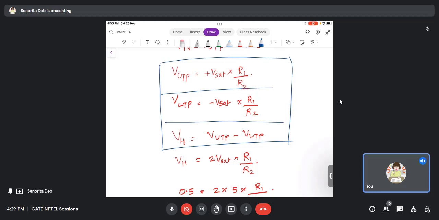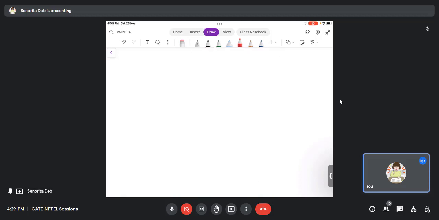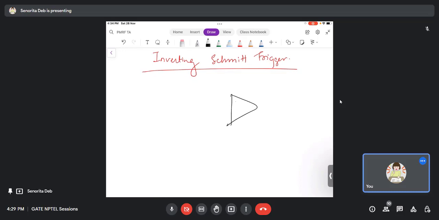So now let's see the inverting Schmidt trigger. In inverting Schmidt trigger, feedback is still positive.